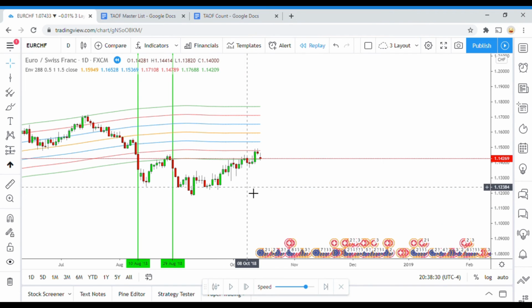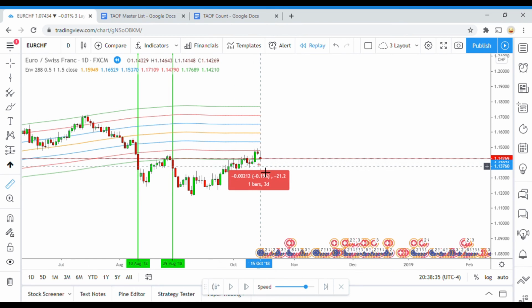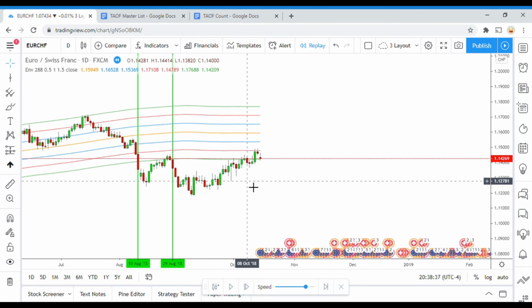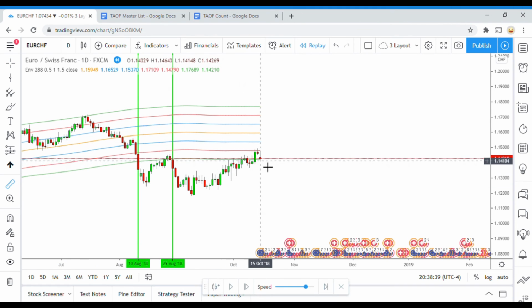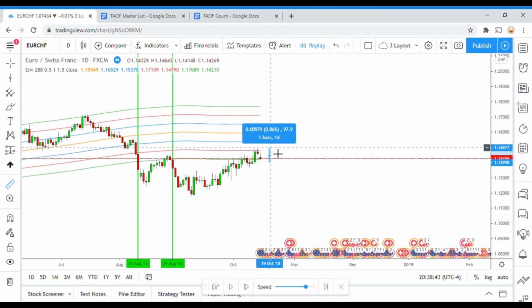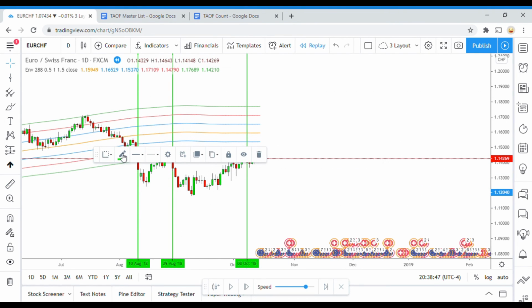And let's see, bumped up there, came back down on that one. Don't believe we'd have gotten 50 pips out of that before getting stopped out on the way back up.